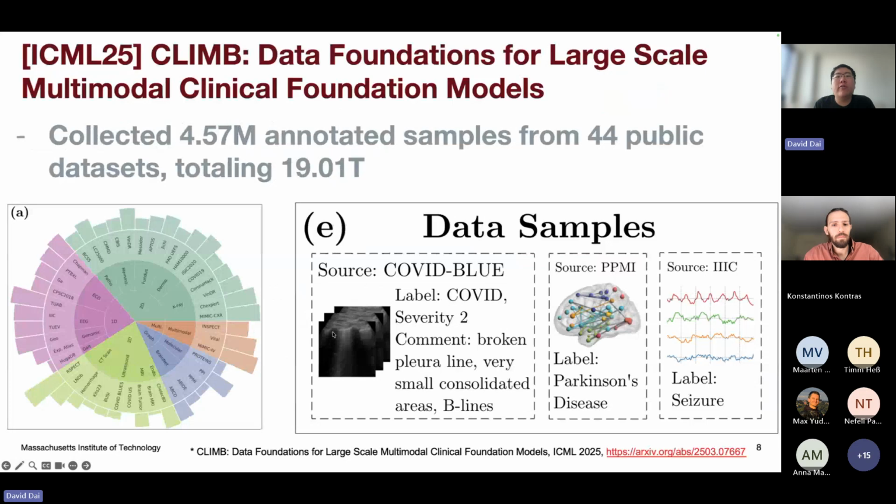Also, to train a model of this scale for universal diagnosis, we need a large dataset. As a preparation for this project, we collected one of the largest public clinical datasets, which is called CLIMB.